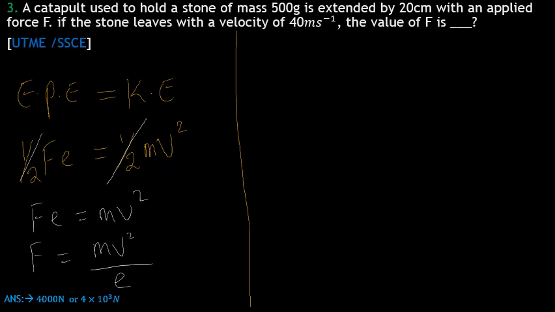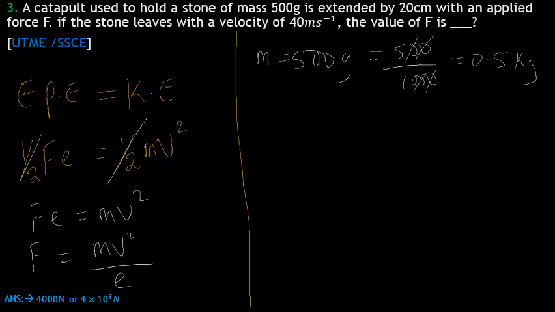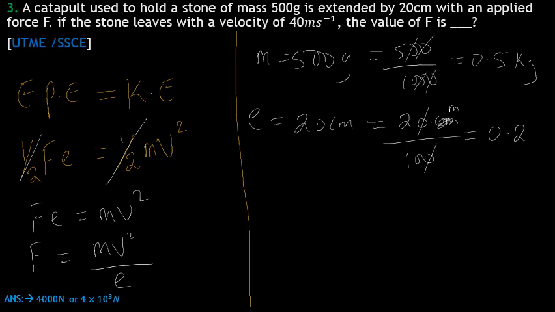So before we plug in the values, let's list out the parameters we have. Mass is 500 grams. Remember to convert to base unit, so if you divide by 1000, we have 0.5 kilogram. And the extension e is 20 cm, and we divide by 100 to change to meters, which gives 0.2 meters.